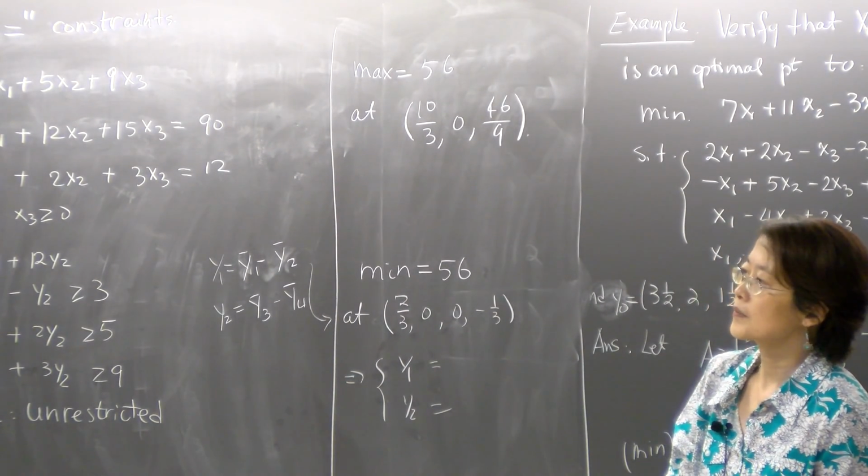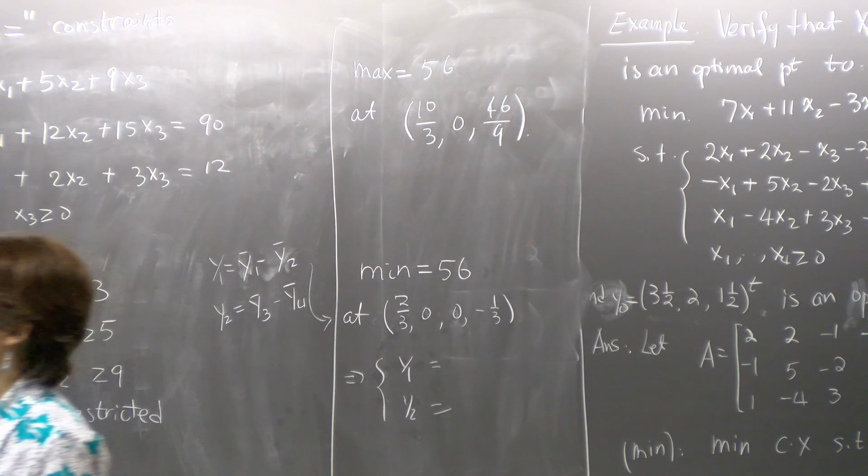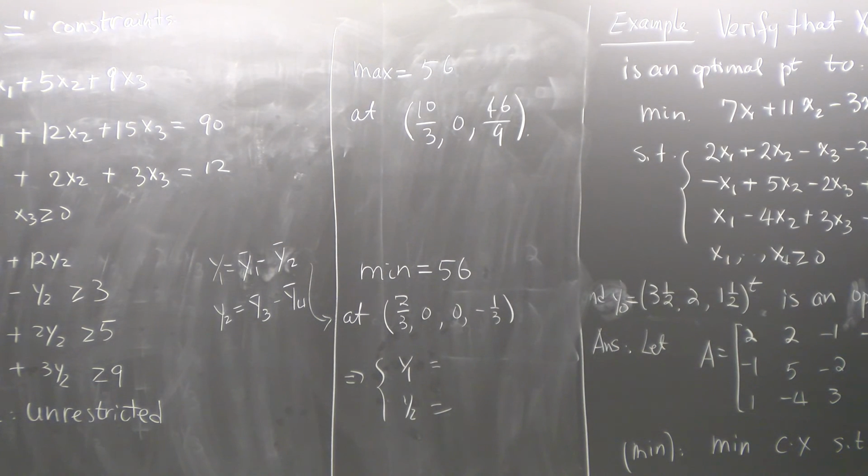Is that right? Let me check. Did I copy the right number? 2 over 3, y3, y1 minus y2. Yeah. x1, x4. There is a wrong sign here. Why am I getting a wrong sign?